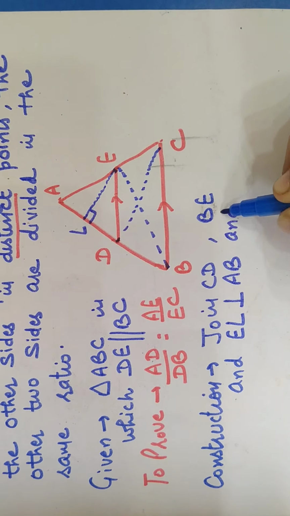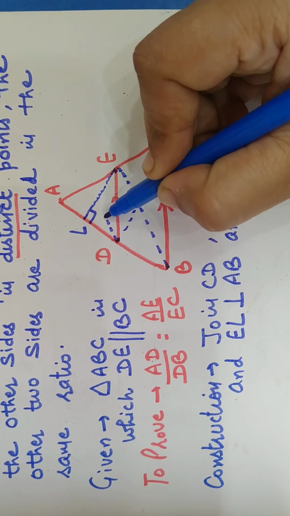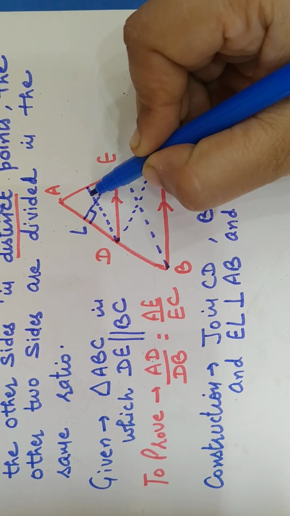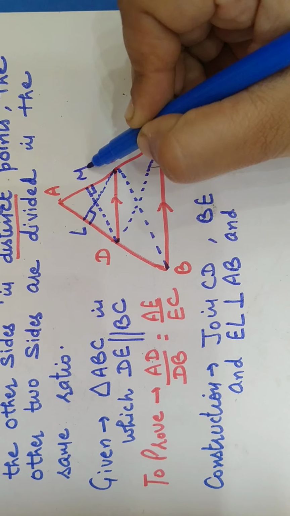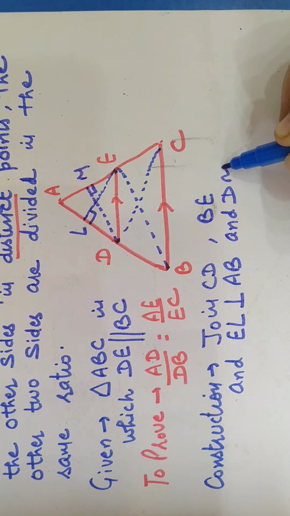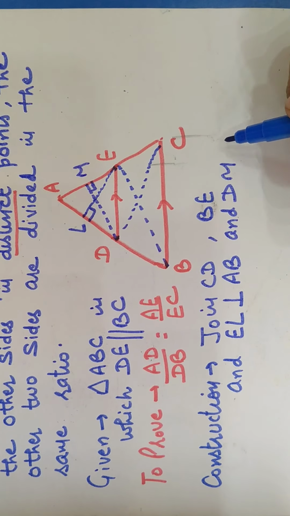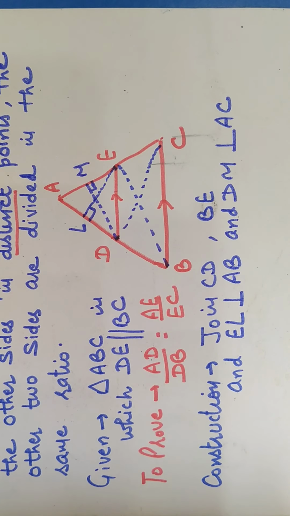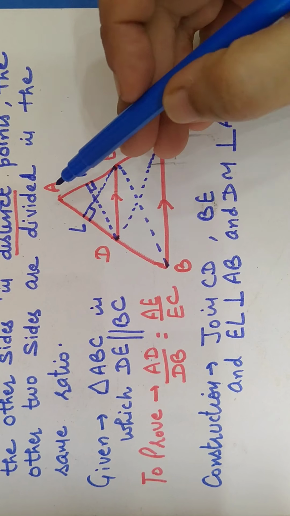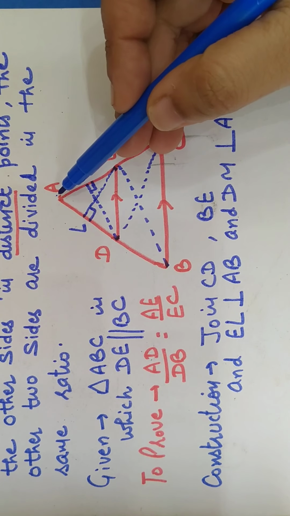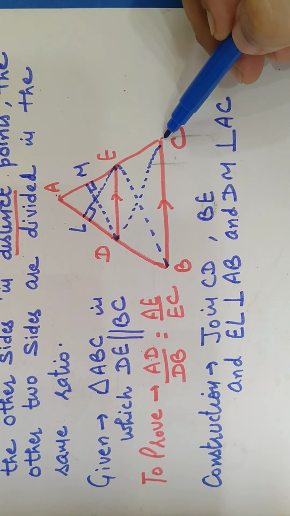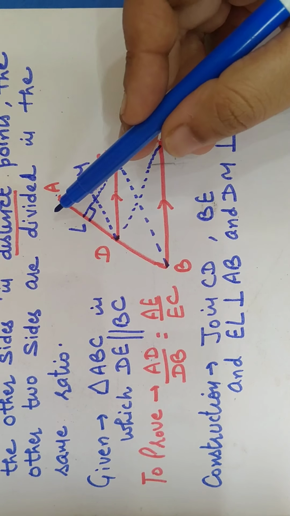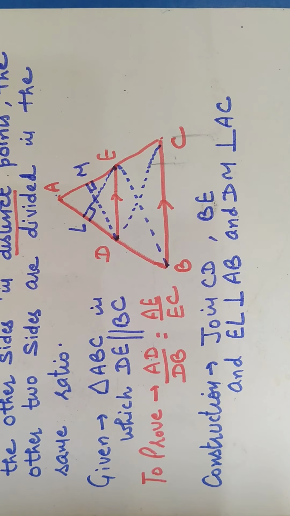And from D vertex draw DM which is perpendicular on AC. DM is perpendicular on AC and EL is perpendicular on AB.